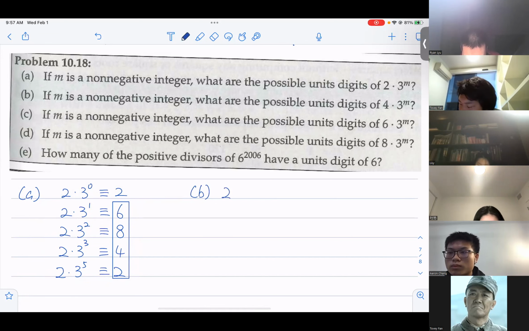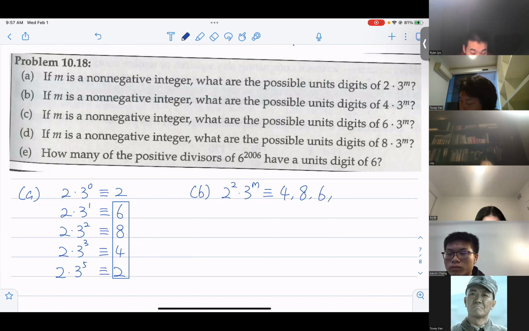So 2 squared times 3 to the power of m. These are just one of these times 2. So 2 times 2 is 4. 4 times 2 is 8. 8 times 2, 16, 6. 6 times 2 is 2. Same for the possible units digit.